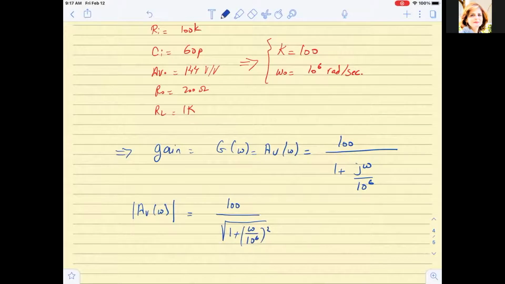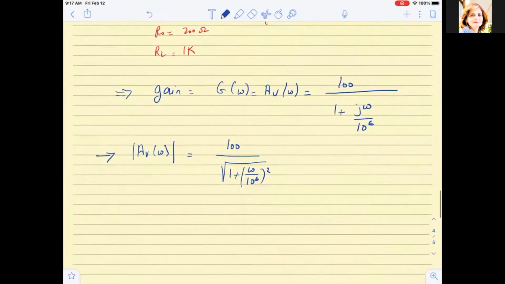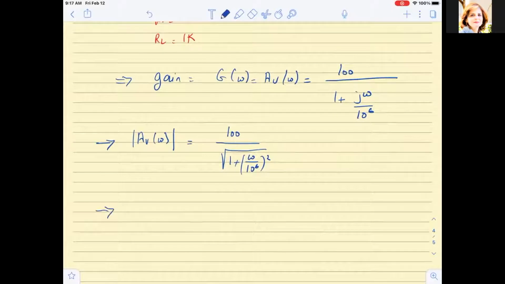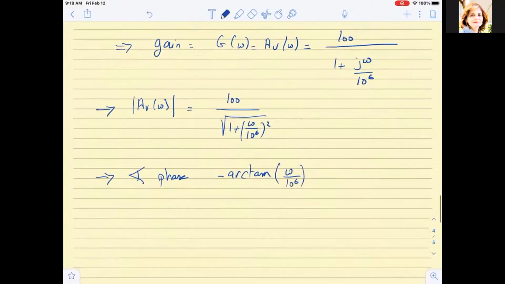But also, this tells me that my gain has a phase. For the transfer function, if my gain for Vo over Vn is 1 plus j omega over 10 to the 6, how do we find the phase? It is equal to minus arctangent of omega over 10 to the 6. Let us make a little refresher here.